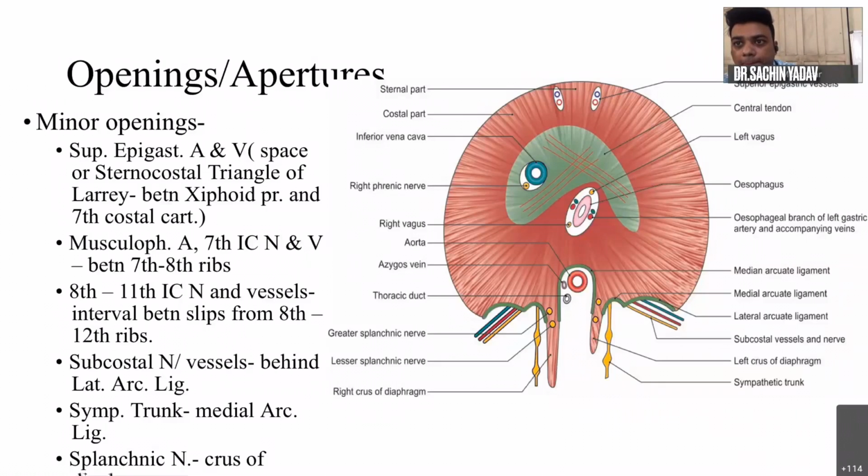Okay. And the rest of the structures you can see passing through the opening for the inferior vena cava and the opening for the esophagus. You can see all the structures passing through this.